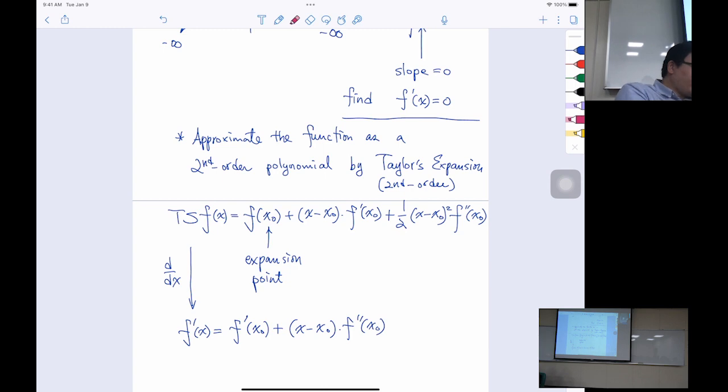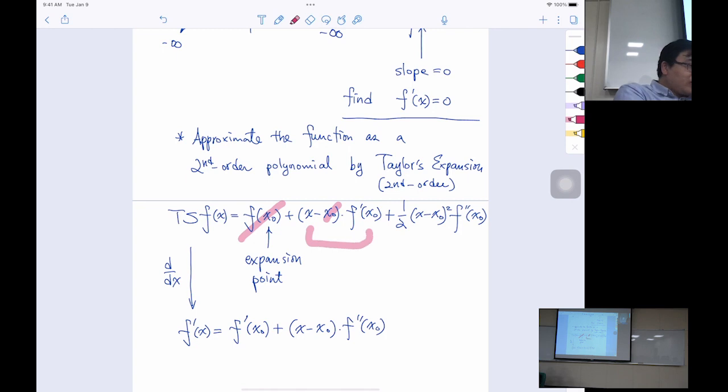If you take a first order derivative, this term is a constant value, so it disappears, and this f prime times x0 is a value, so it disappears.